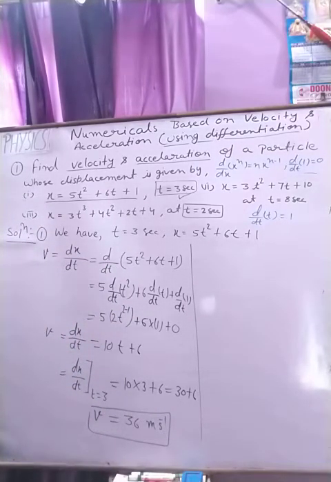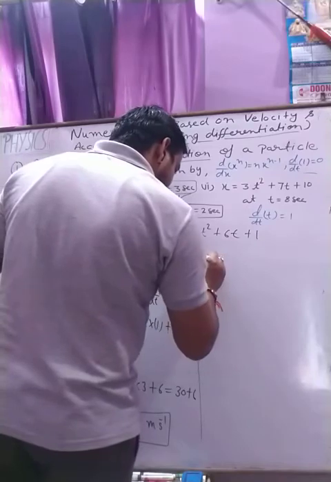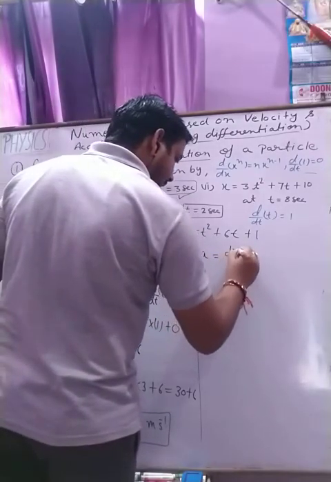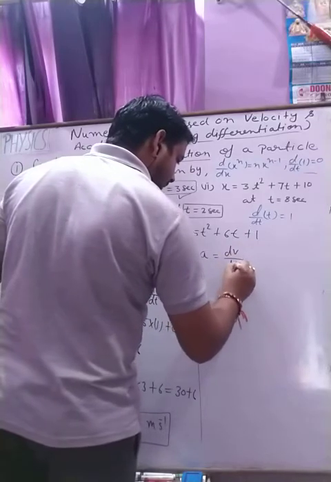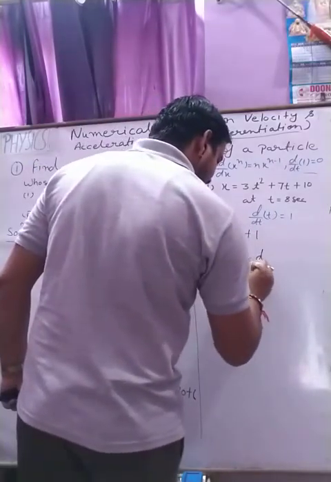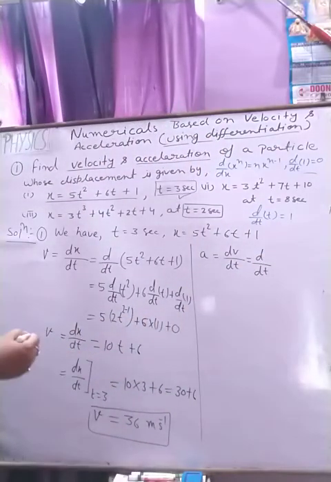Now for this question we have to calculate the acceleration, and we know the acceleration is dv over dt. So we have d over dt, and the value of velocity is from this equation.